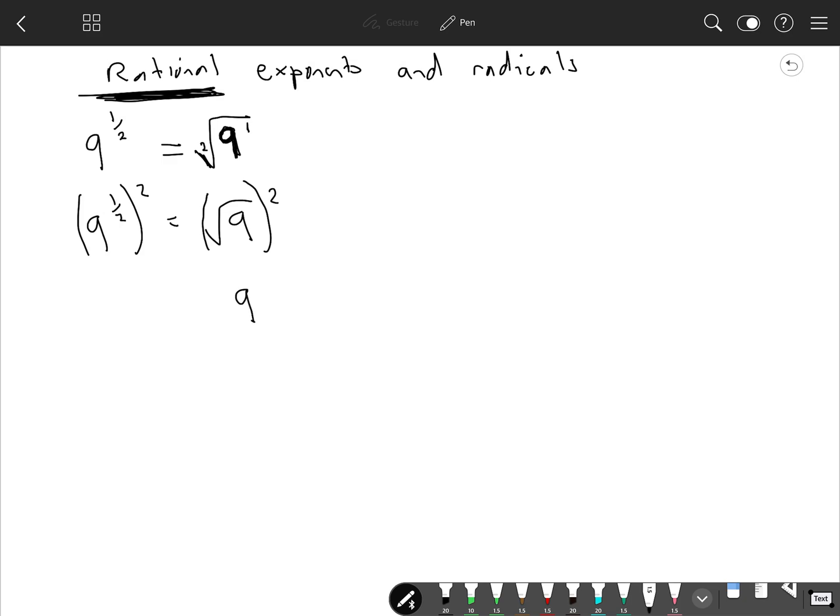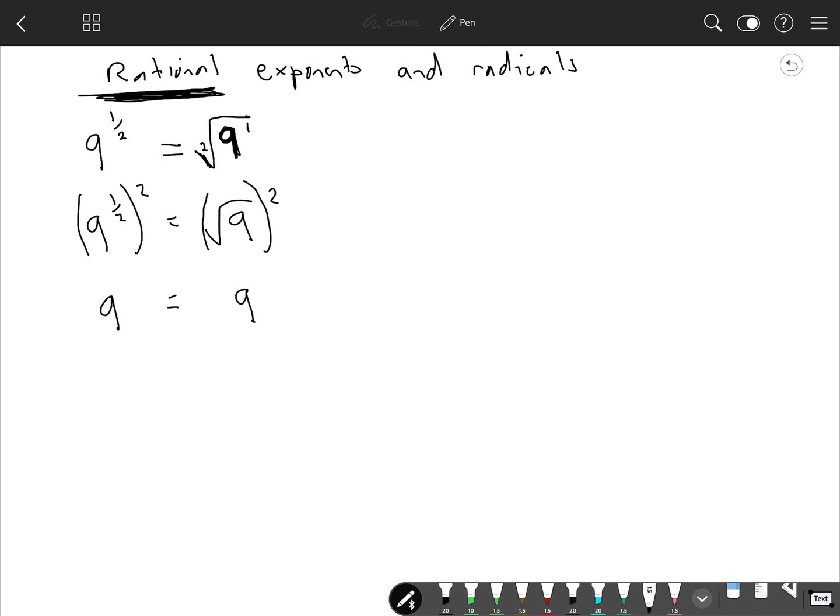And over here, a power of a power, this is the power rule, we have to multiply these together. 2 times 1/2, so this is 9 to the 1, so 9 equals 9. So by squaring both of these, we can see that, yes, indeed, the first expression is equal to the second expression.